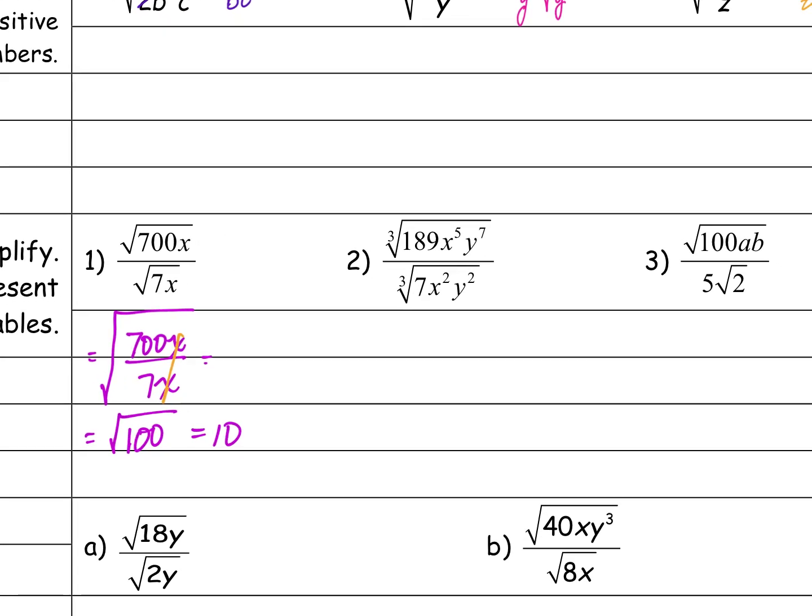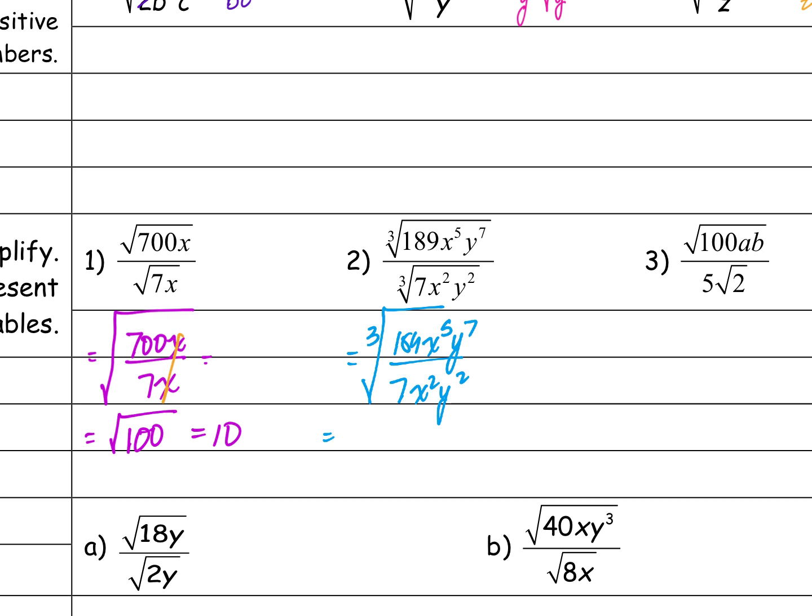So as long as my root is the same, I can combine them together. So I can get the third root of 189, x to the fifth, y to the seventh over 7x squared y squared, which is going to give me, I don't know, what's 189 divided by 7? 189 divided by 7 is 27.